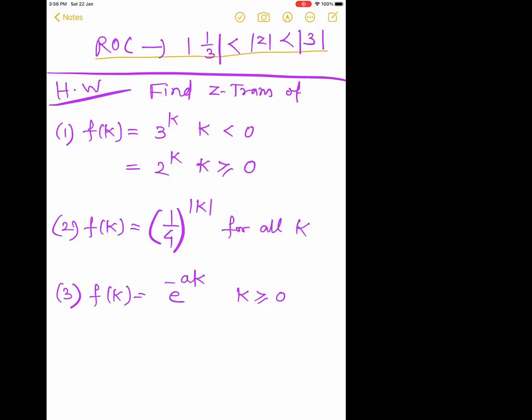Please give me the response. First question: k less than 0, k greater than or equal to 0. The sequence values are 3 raised to k, 2 raised to k. For the answer, you just use the derivation of the Z transform of a raised to k, and in that you just put the value for a. That's it.